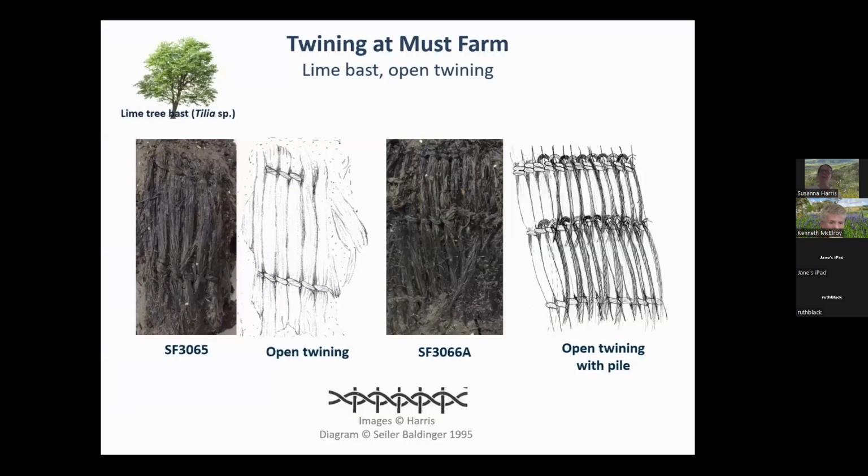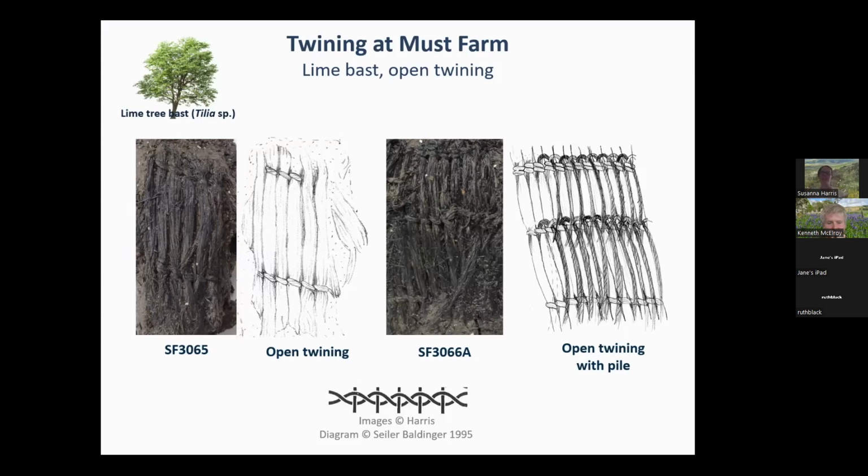At Must Farm, there's a wonderful assemblage of twined fabrics. I've talked to you about that before, and it's fantastic to see these continuing on throughout the millennia with examples that also have all sorts of tufts, so variations that were creating these thicker tufted fabrics. Oh, sorry, I thought I had another one on Must Farm.